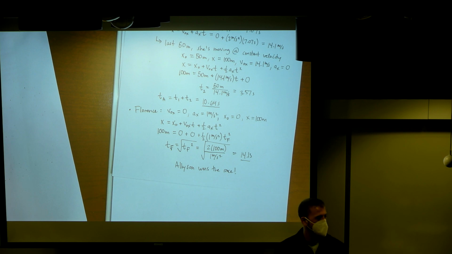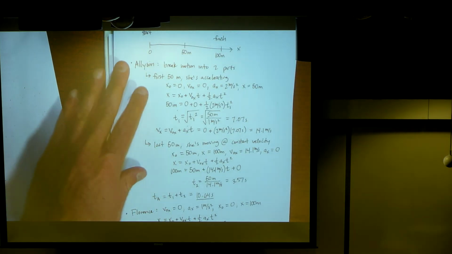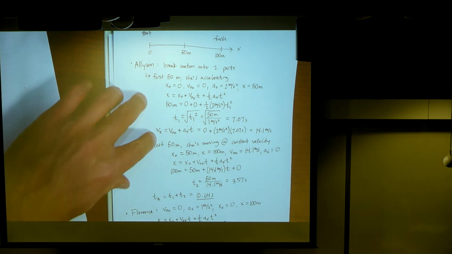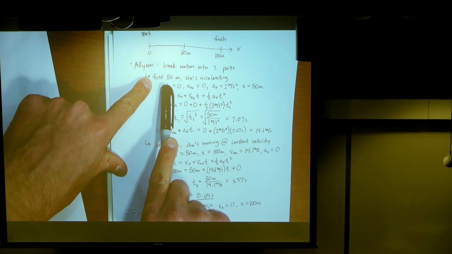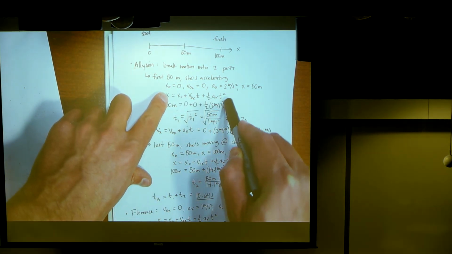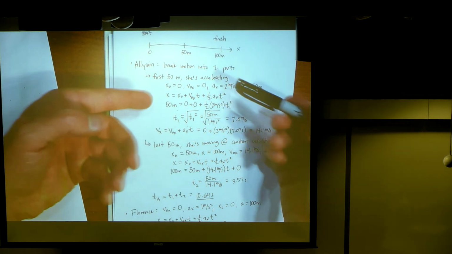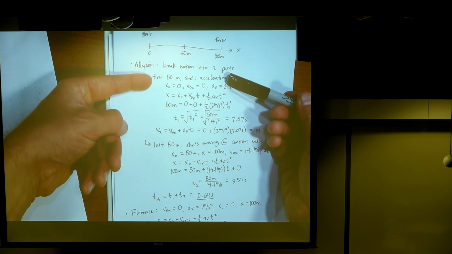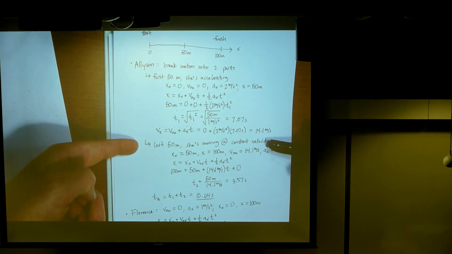Could you explain again why you broke Allison's equation into 2 parts, where you have to find the velocity again? Here's why. We can only use this equation when acceleration is constant. So the acceleration is constant for the first 50 meters, but then it suddenly changes to 0 acceleration.